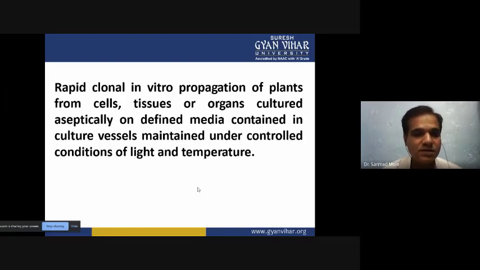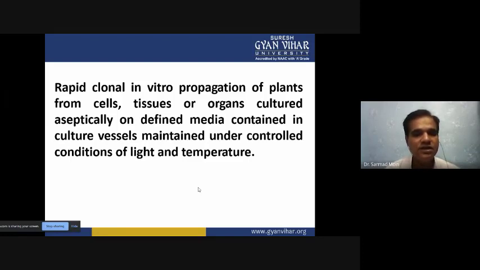Micropropagation is a rapid clonal in vitro propagation of plants, and for this purpose we utilize cells, tissues and organs, and aseptically we have to culture them on defined media, basically Murashige and Skoog media. For producing callus and direct shooting we have to give the phytohormone concentration.